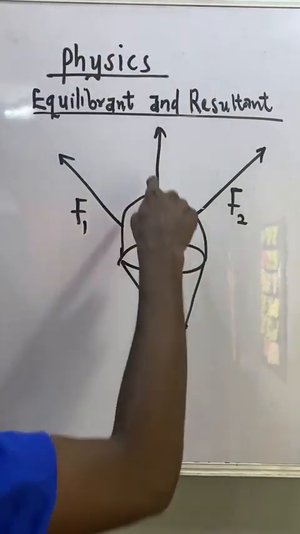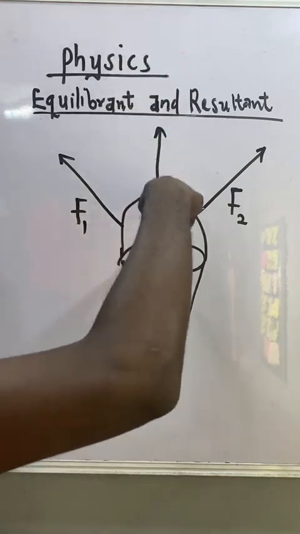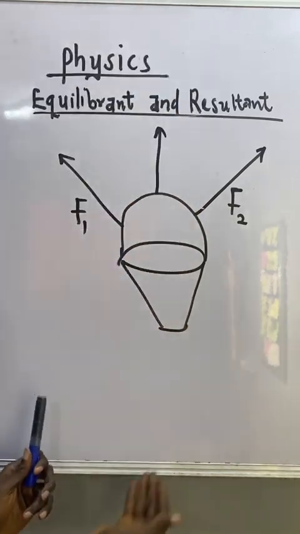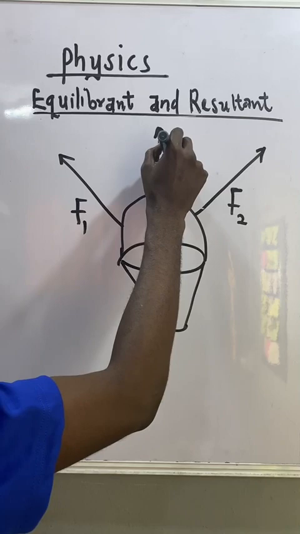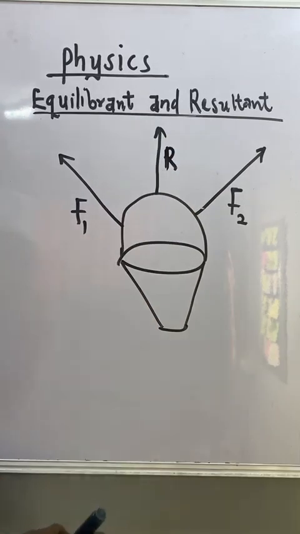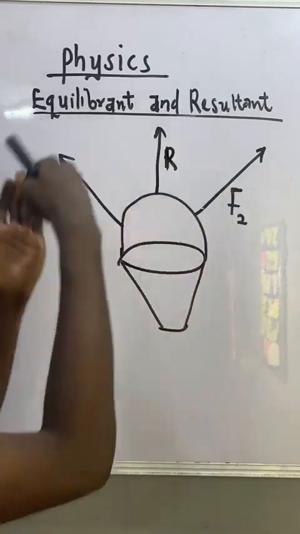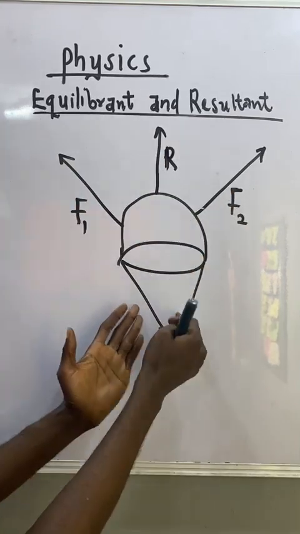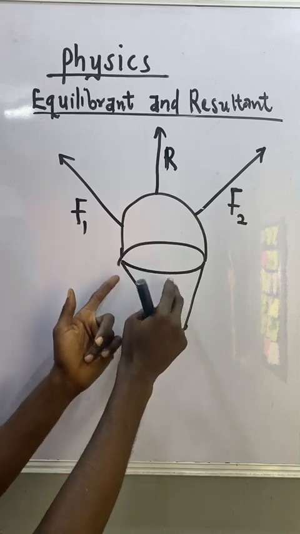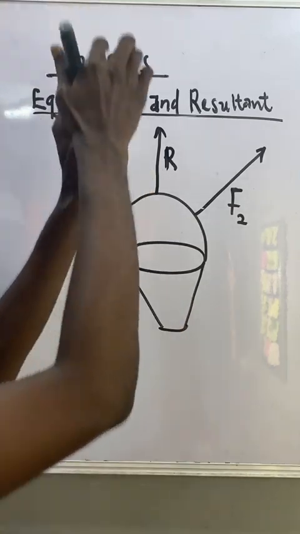This single force that indicates the direction where the pail is going is called the resultant. That is the result of these two forces, the effect that they produce on this bucket is to drag it up.